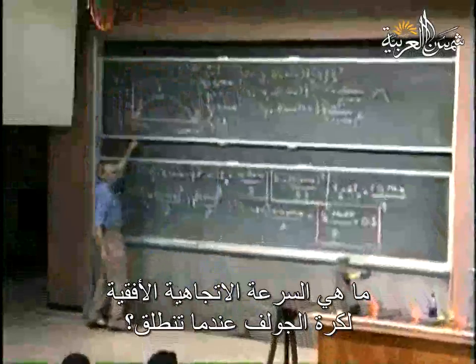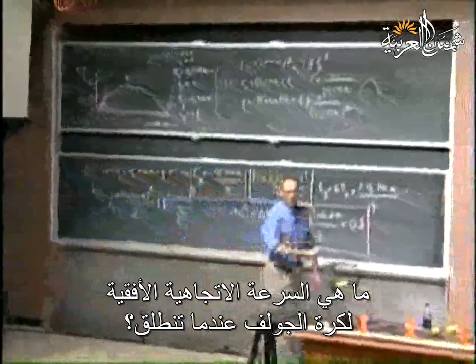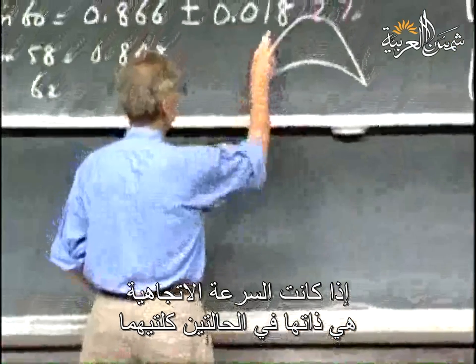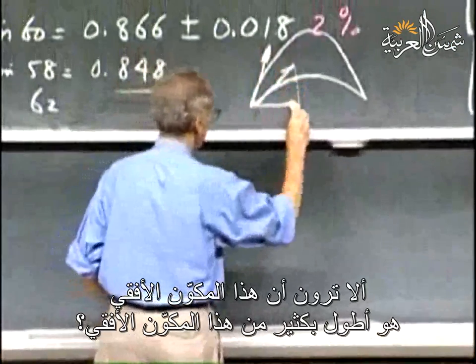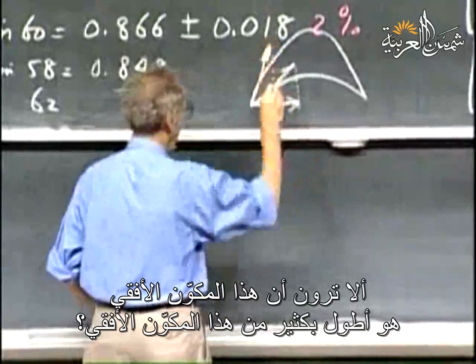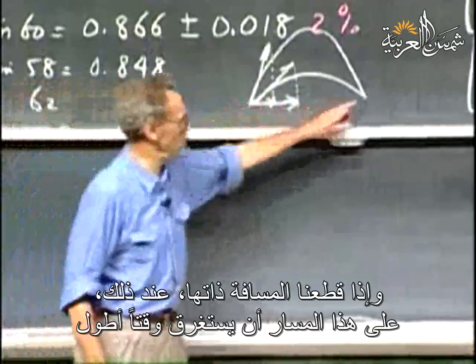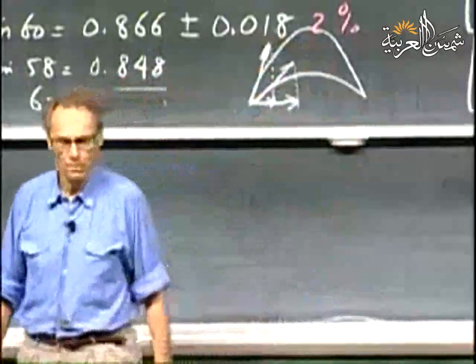What is the horizontal velocity of the golf ball when it takes off? If the velocity is the same in both cases, can't you see that this horizontal component is way larger than this horizontal component? And if they travel the same distance, then this trip must take longer.